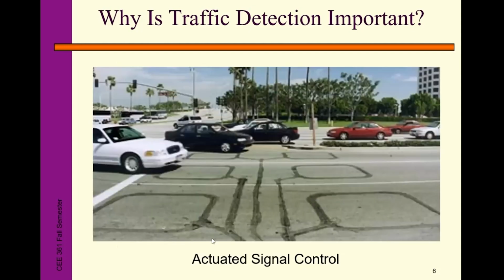And for the arterials, like I showed you in the first slides, we have signal control deployed, and we have different types of control strategies. One of the control strategies we call actuated signal control. This is based on real-time sensor data.